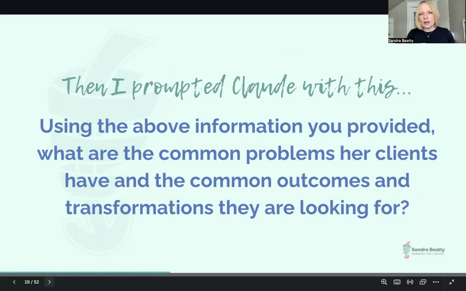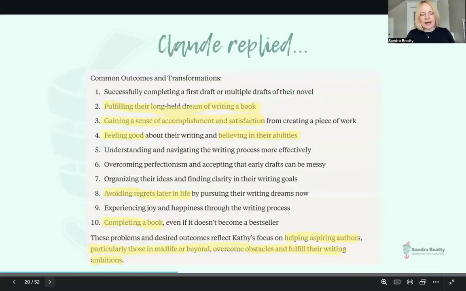So I prompted Claude specifically with this prompt. Using the above information you provided, what are the common problems her clients have and the common outcomes and transformations they're looking for? And after using that, it gave me this, which is exactly what I wanted. It gave me 10 things. Here's a summary of the most common problems, outcomes, solutions, whatever that they're looking for.